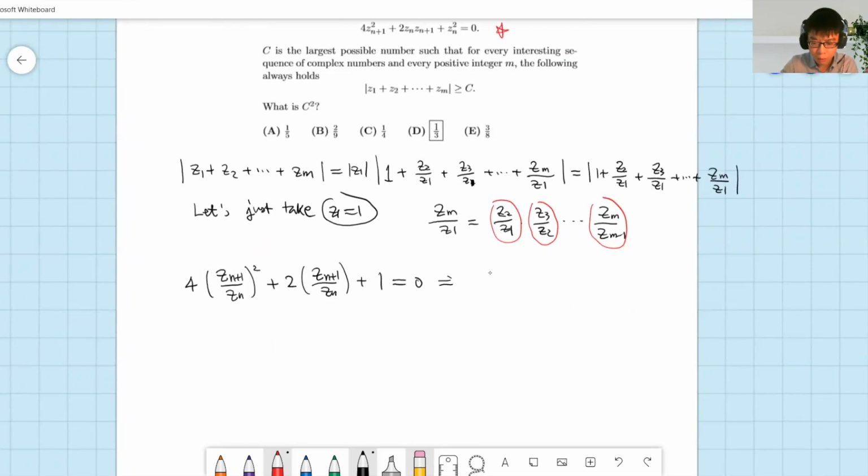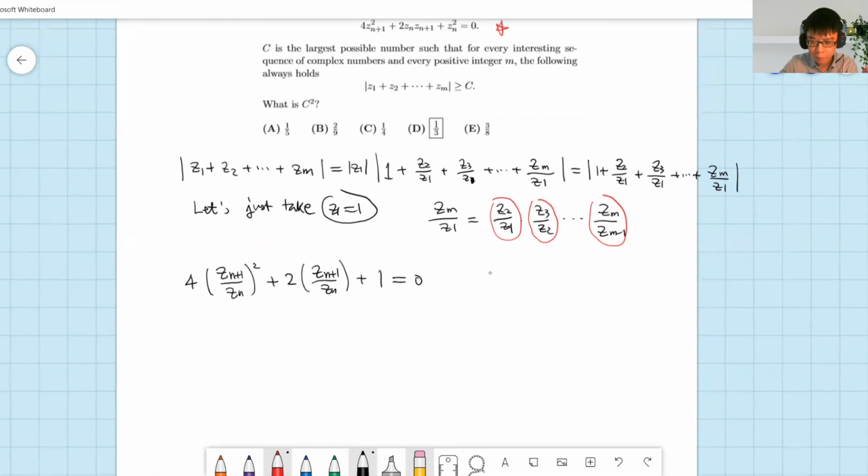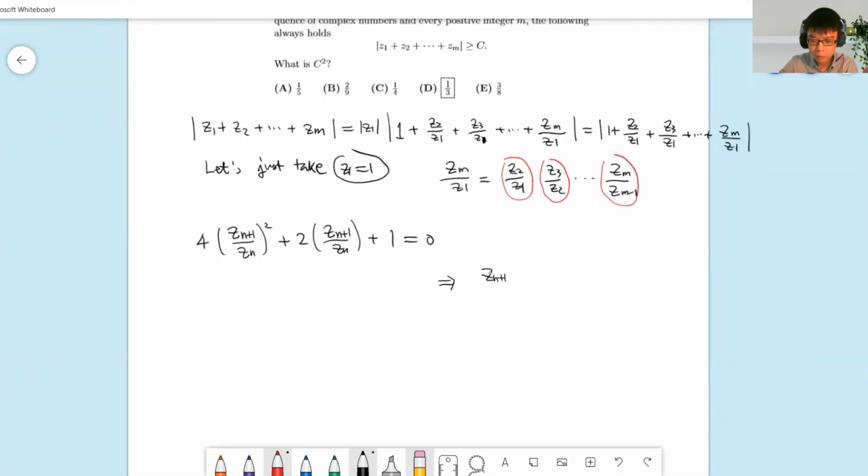To solve this, we get Zm plus 1 over Zm equals, there are 2 values. It's basically minus 1 plus or minus root 3i over 4.